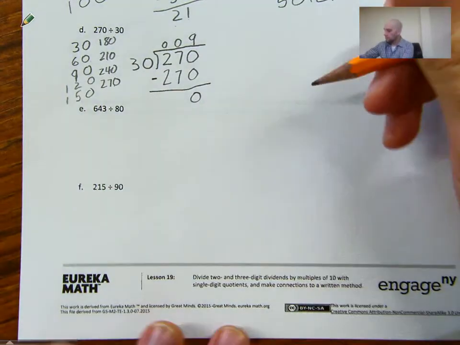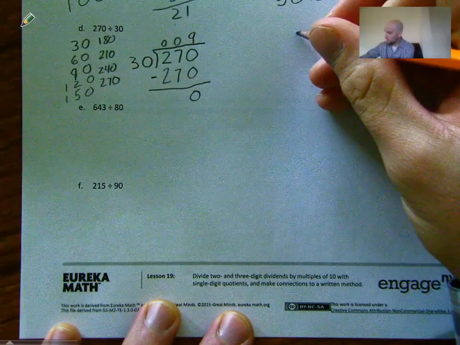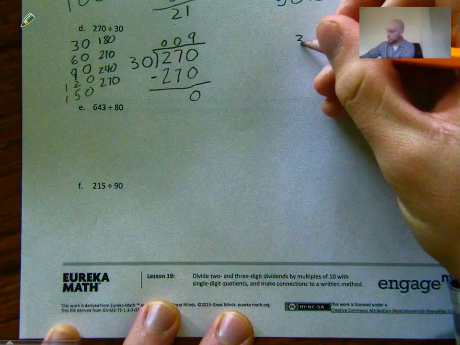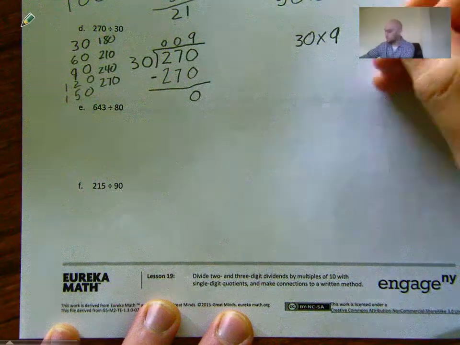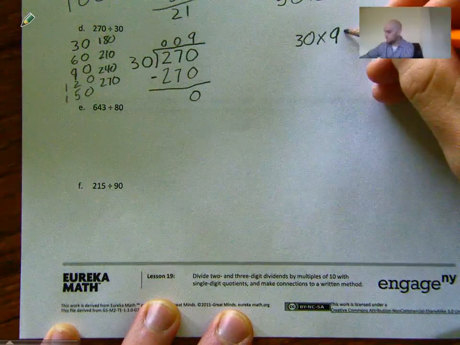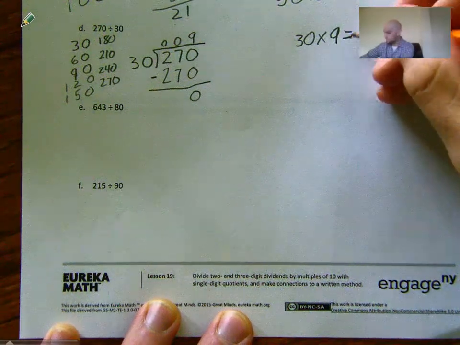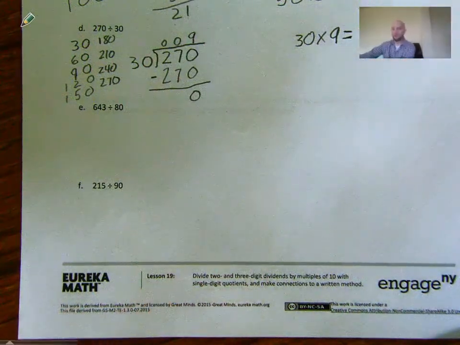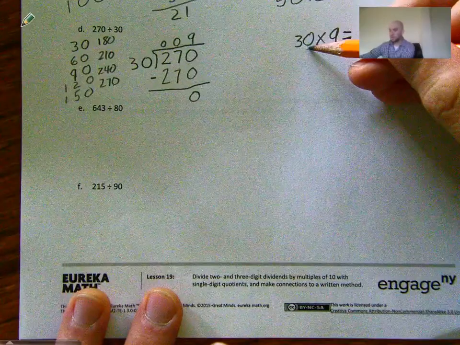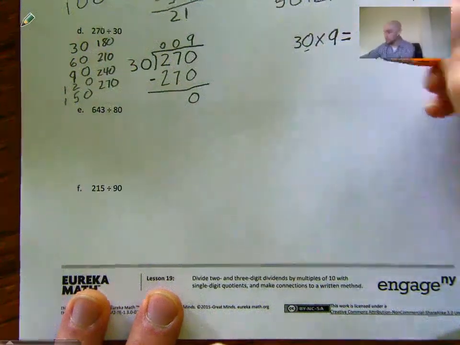We can check that if we multiply 30 by 9. Well, I would just do 3 times 9, which is 27. And then I need to add my 0 because I'm going to multiply by 10.